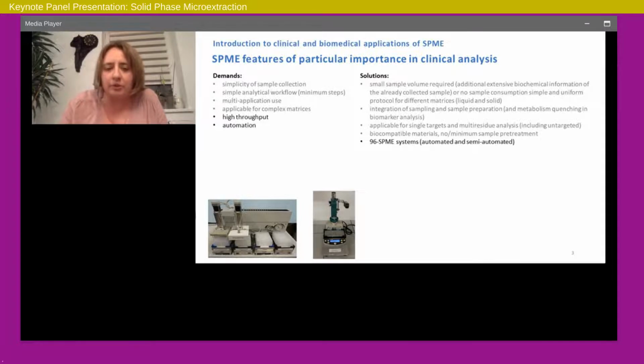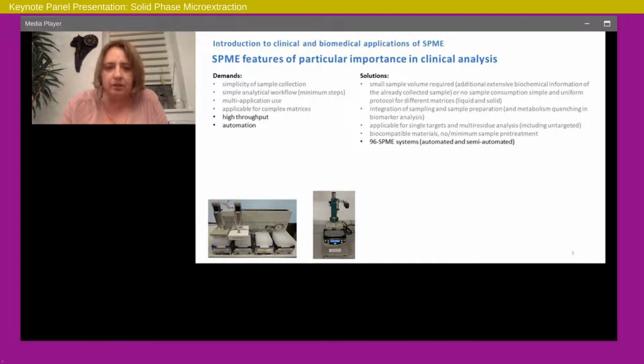We also have an option to have a semi-automated system. So we are just replacing the 96 well plates, but we still have full control of the temperature. We have agitation of the system, and of course we have high throughput.